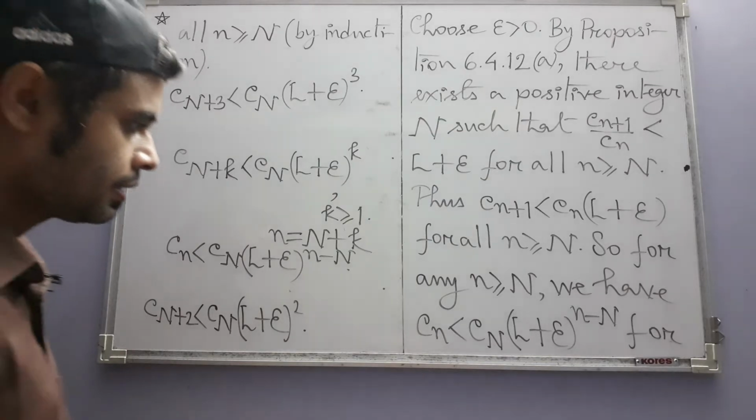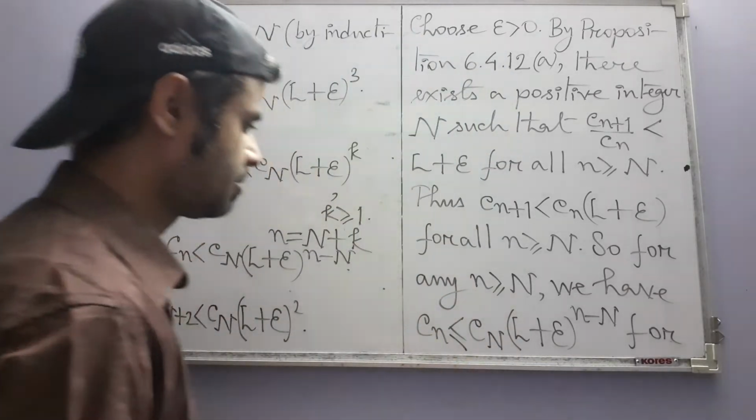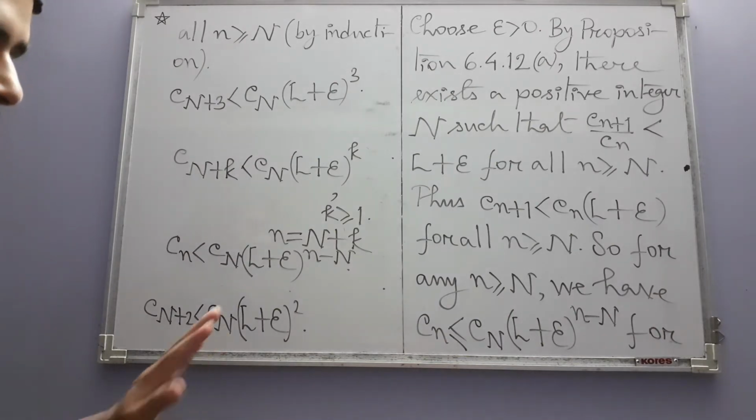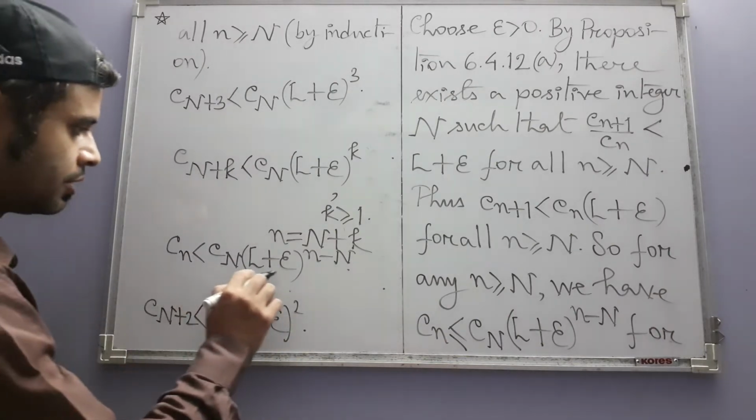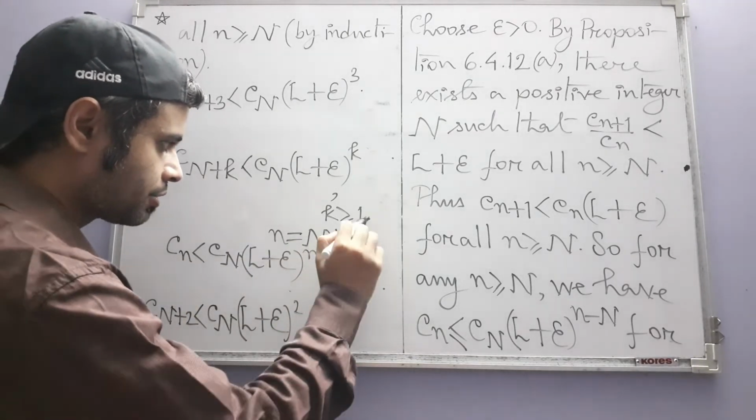I think I have to include the equality case here. Why, I'm going to explain. We don't see the equality case here because the smallest value of k is 1.